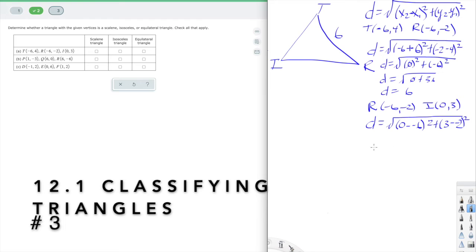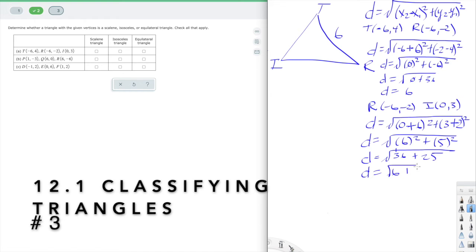This turns into a plus and this turns into a plus, minus negative. So I get 6 squared plus 5 squared. So D equals 36 plus 25, because 5 squared is 25, which gives me 61.